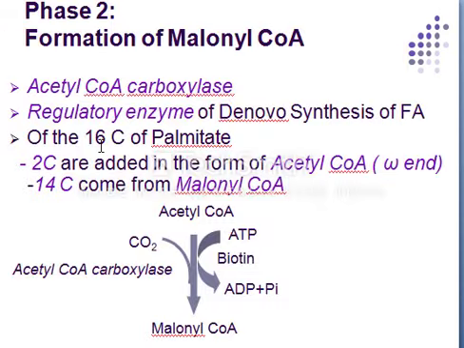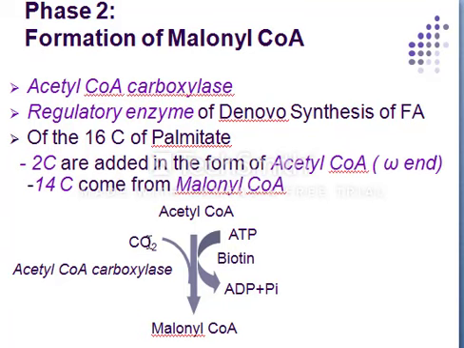Now begins phase 2, formation of malonyl-CoA. Here the acetyl-CoA is carboxylated to malonyl-CoA by the enzyme acetyl-CoA carboxylase. This is an ATP dependent reaction and requires biotin for CO2 fixation. Here ABC is required, that is ATP, biotin, carbon dioxide.